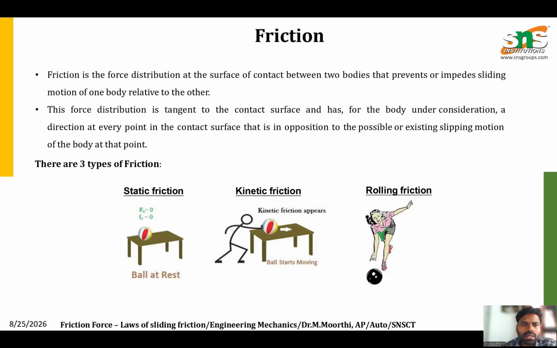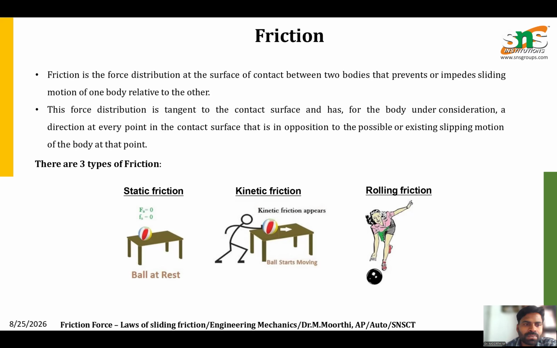When the applied force is higher than the frictional force, the object starts to move. That motion is called impending motion. The friction force tends to resist or arrest the movement of an object over another.